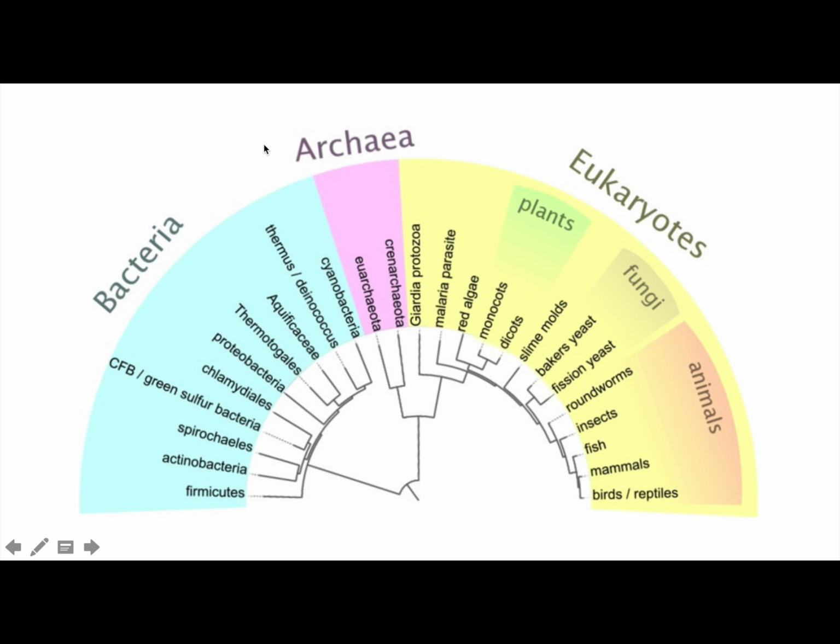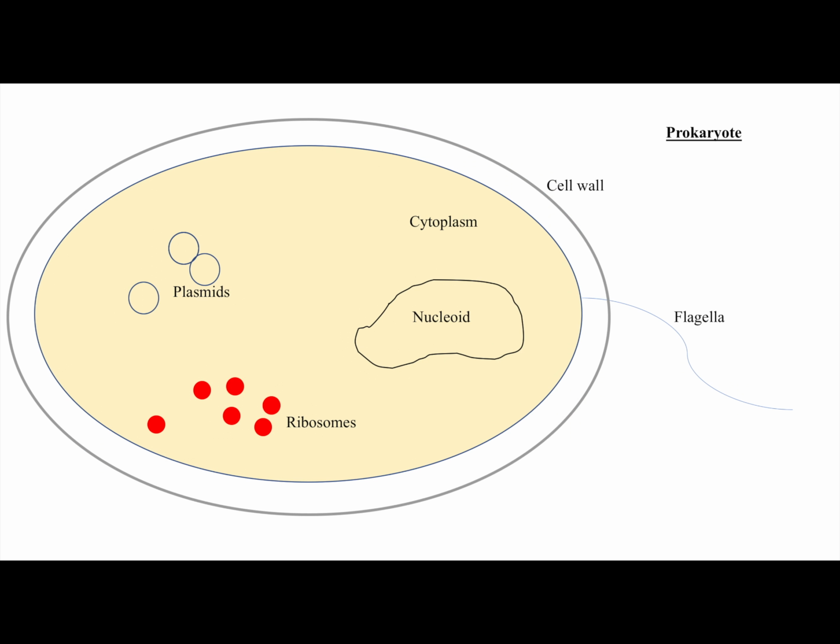Prokaryotes, so bacteria and archaea, are much more predominant. There's much more diversity of these kinds of organisms than there are of eukaryotes. We eukaryotes are actually quite a relatively modern invention relative to prokaryotes. I say invention, but I hope you know what I mean.